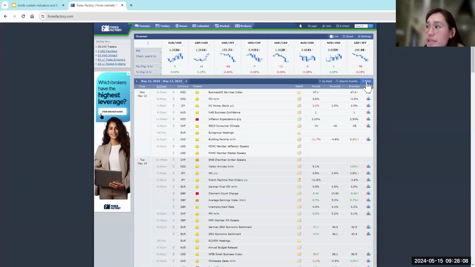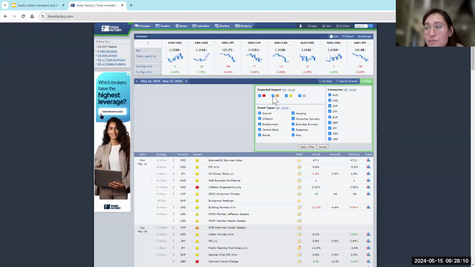Okay, so by clicking on this filter here, I normally like to look at the medium and high impact events that are indicated by this orange and red icon. Yellow is low impact, gray is bank holidays. So you can also look at the different currencies.